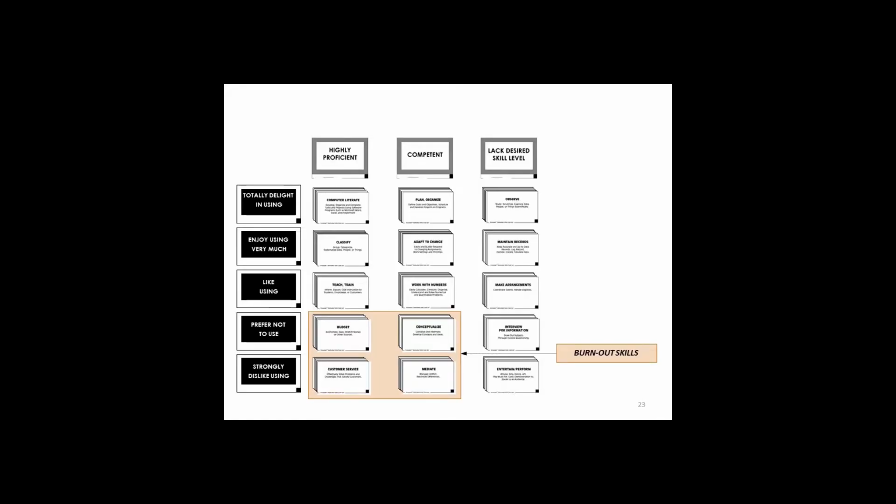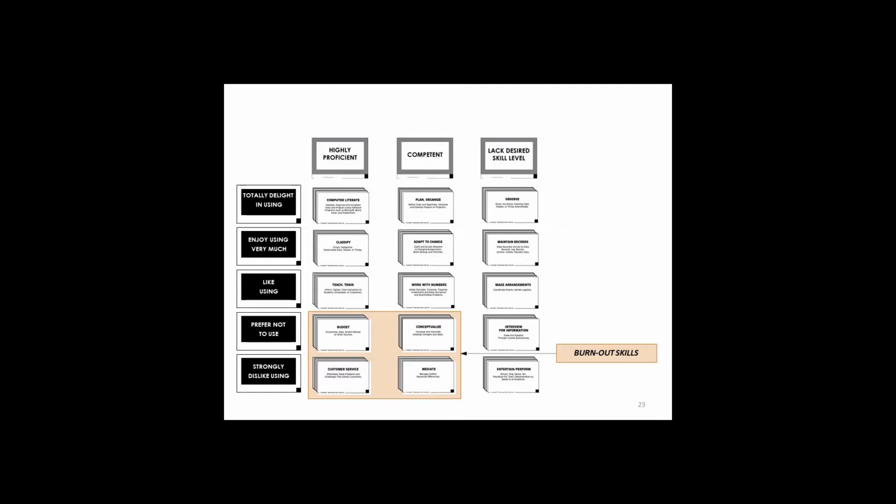But most employees tend to be really good, and whenever their manager asks them to do something, they'll respond and do it, even if it happens to be a burnout skill. So what I'm teaching clients to do is be able to take those burnout skills off your resume, and when your boss asks you to use those burnout skills, explain that even though you're good at those skills, you don't like using them.